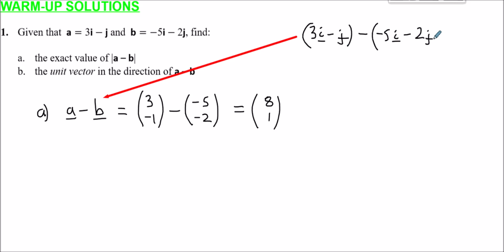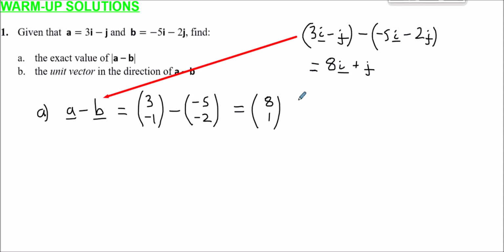So exactly the same arithmetic procedure, just written in a different way. So now, 3i minus minus 5i, collecting the i components, gives us 8i. And minus j minus minus 2j is minus j plus 2j, which gives us plus 1j. So the coefficients of 8 and 1 are still the same as they are here. So there's no real difference. The only difference is just how it's represented.